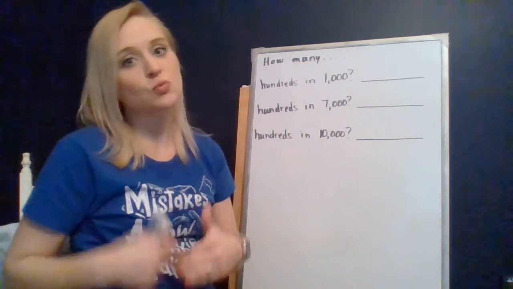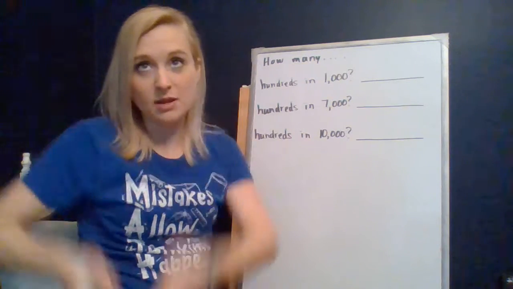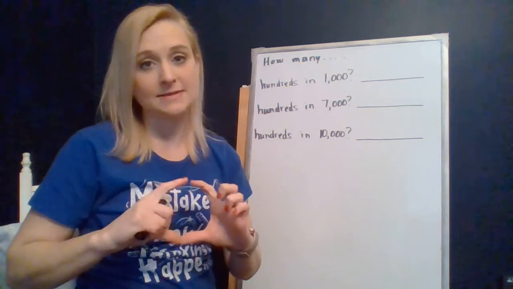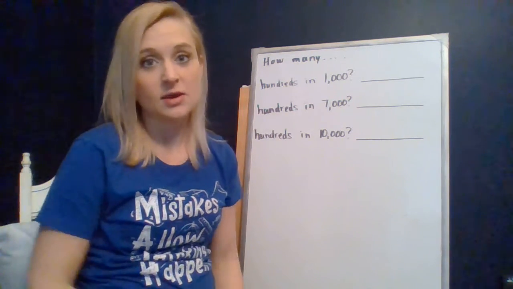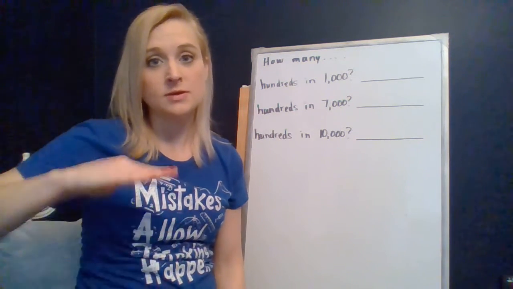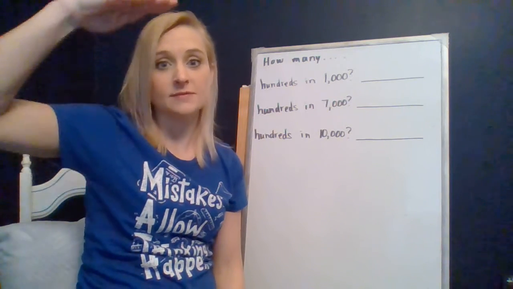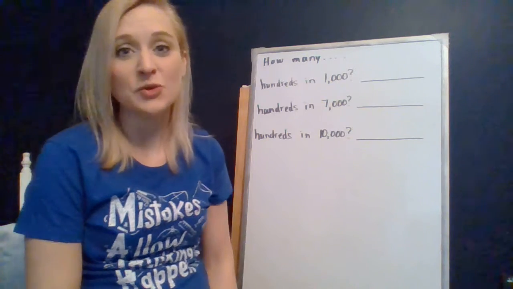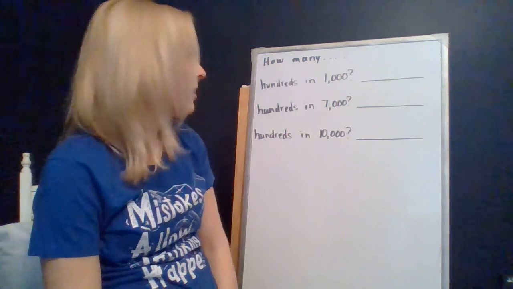Each one of those big long strip mats had how many of the hundreds? If you can remember, we stacked 1, 2, 3, 4, 5, 6, 7, 8, 9, 10 of those. So 10 groups of 100 is equal to 1,000.